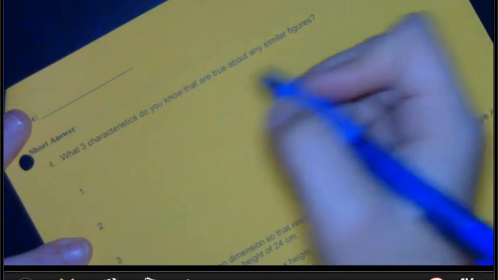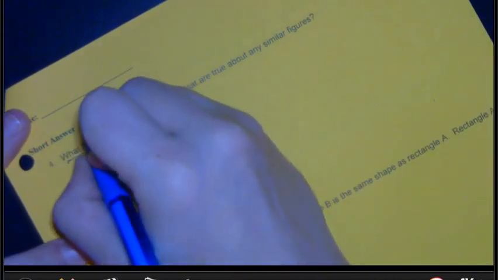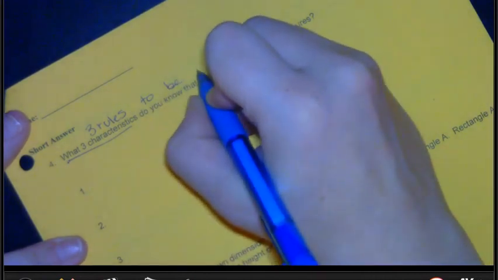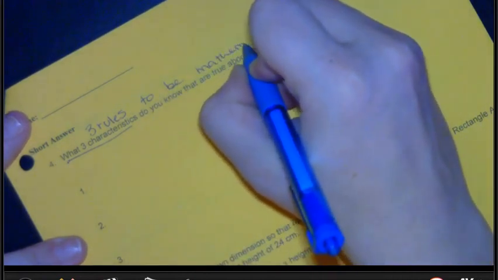All right, number 4. What 3 characteristics do you know that are true about any similar figures? Well, basically this question is asking what your 3 rules are to be mathematically similar.